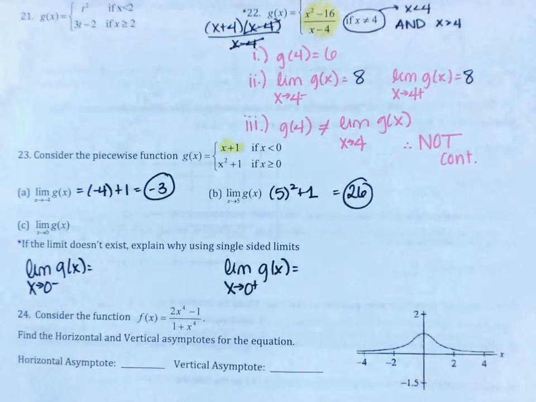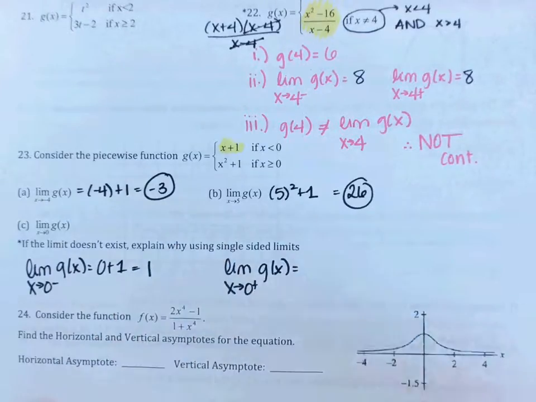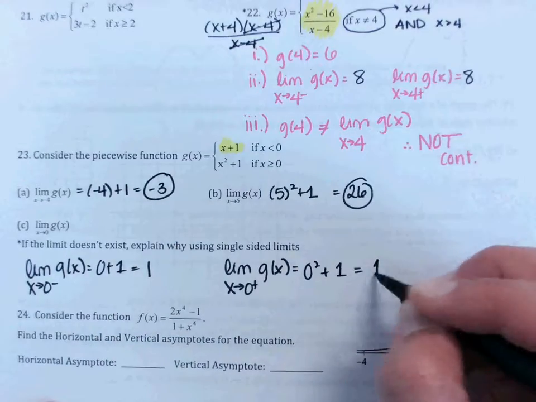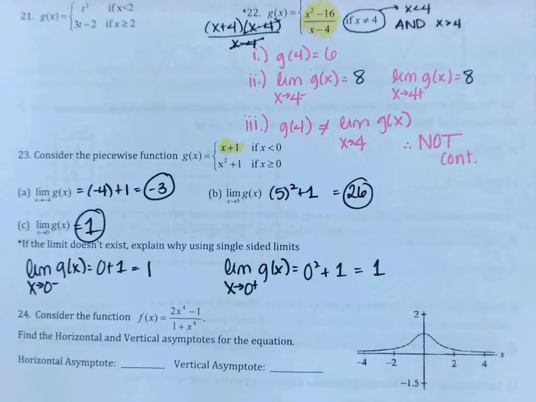The top, right? So 0 plus 1 is 1. When I plug in down here, it's 0 squared plus 1, which is also 1. Then my limit is 1. Now, the only way that you're going to lose points on that is if the limit was DNE and you didn't show the separate sides. So make sure that you're doing that, okay?